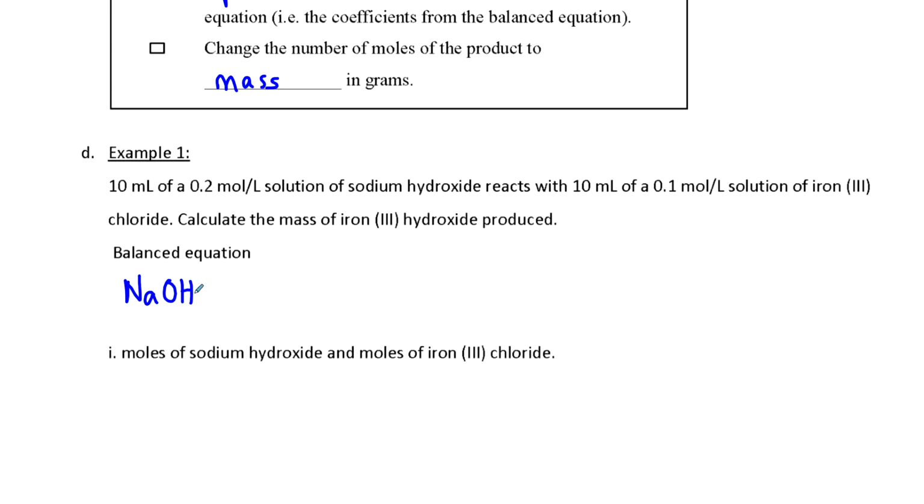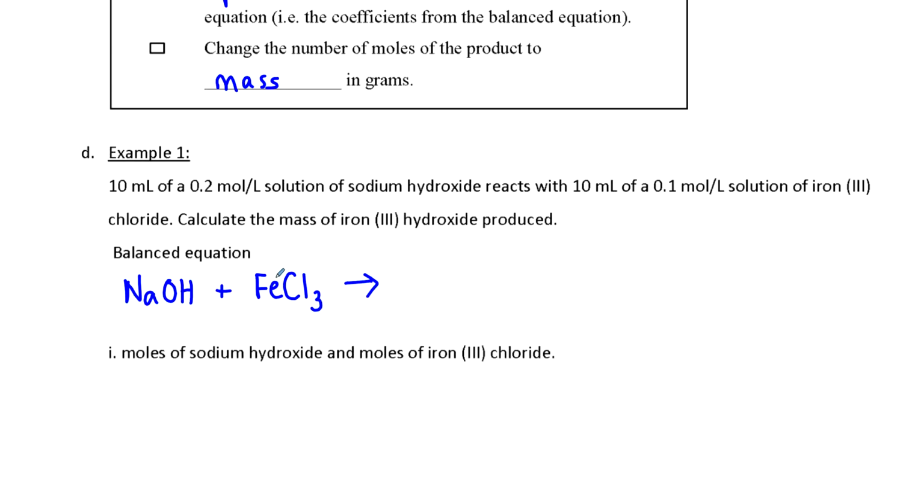OH is the hydroxide ion. Plus 1 charge, minus 1 charge, okay, plus iron 3 chloride. So the 3 tells us that iron has a plus 3 charge, chlorine has a minus 1 charge, so I'm going to put a subscript 3 here.